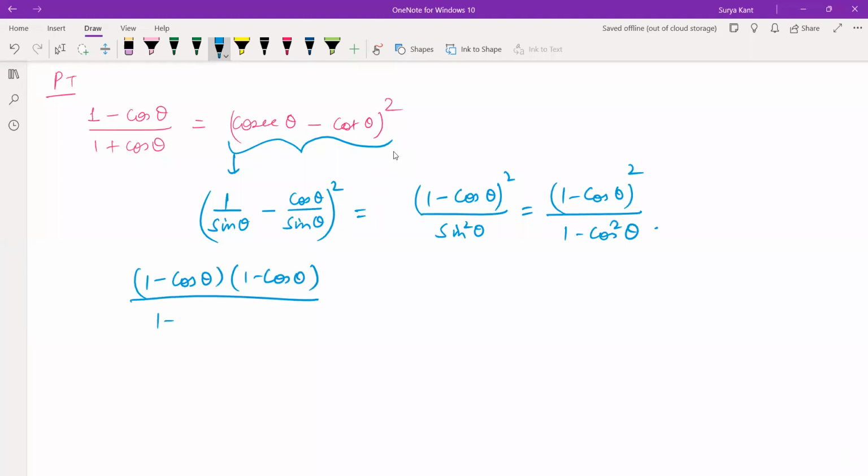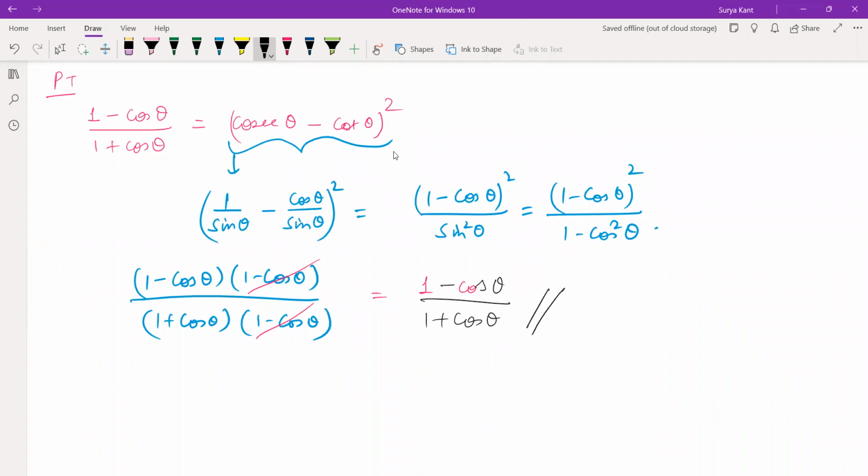And down we can write 1 plus cos theta and 1 minus cos theta. So one part will get cancelled over here. So lastly the answer is 1 minus cos theta divided by 1 plus cos theta. So this was a very easy question. If you do from the LHS part also you can do, not a problem.